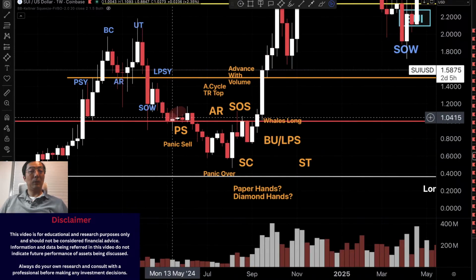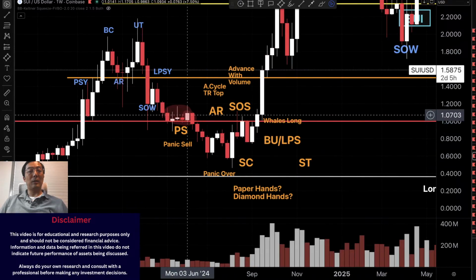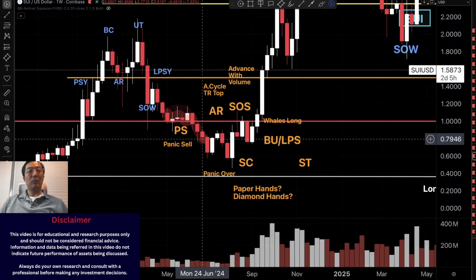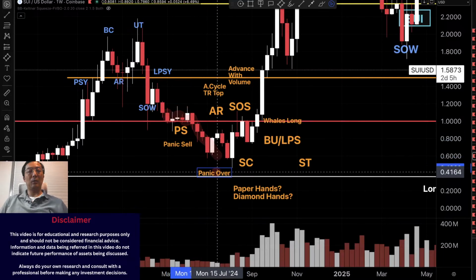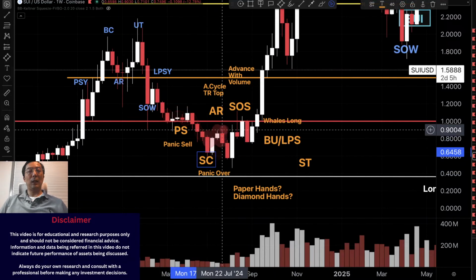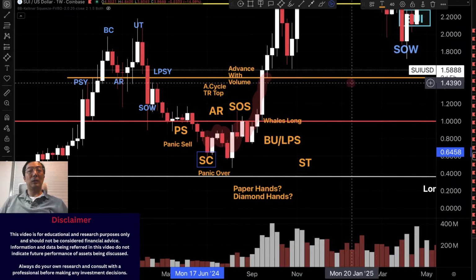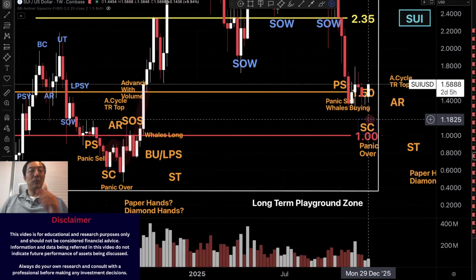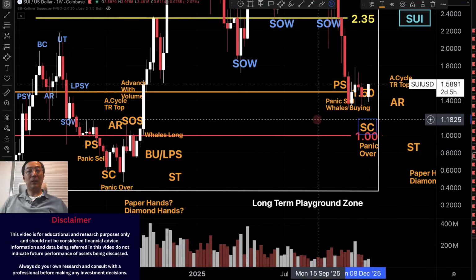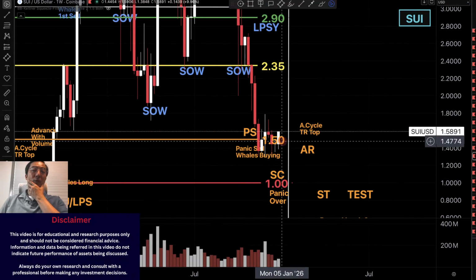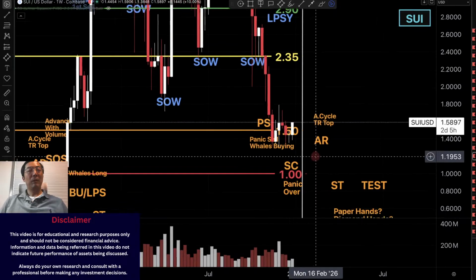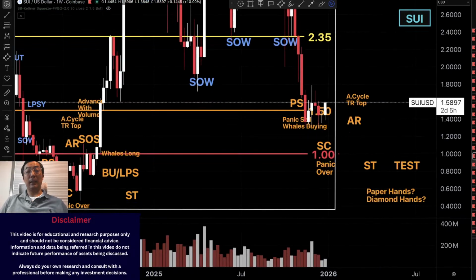So look at what happened over here. There was about 6 weeks of sideways trading before it really drops to the panic over stage, and then trade and accumulate before the next distribution. So this may be something similar. So that's why we have to observe for a couple of more weeks to see where Sweet is really heading.